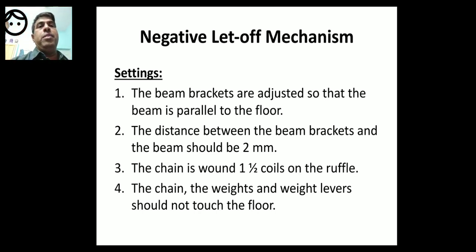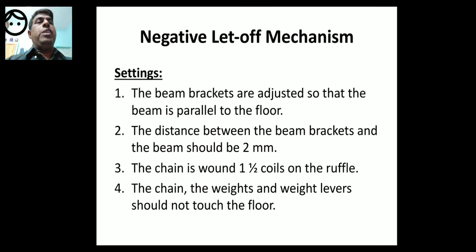The chain, the dead weights, and the weight levers should not touch the floor. If they touch the floor, then the effect of weight will not be there. So the chain, the weights and weight levers should not touch the floor.